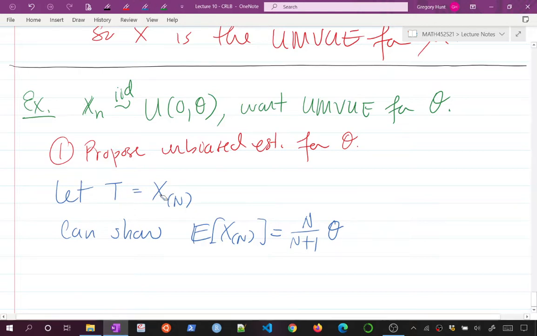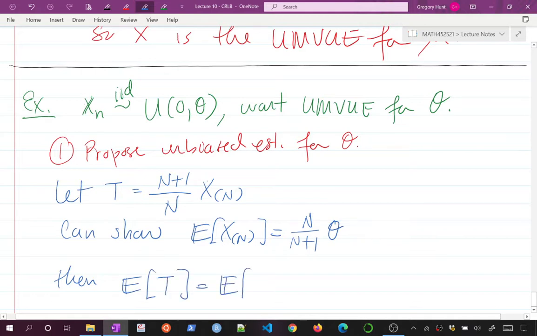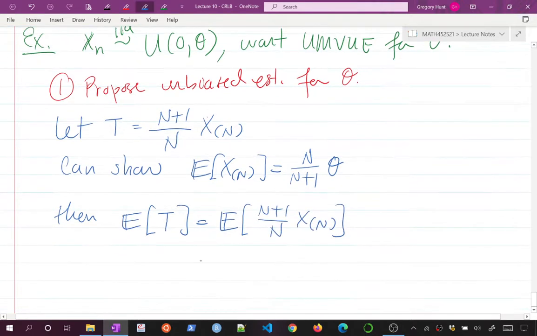So let's amend this and make it an unbiased estimator. If I instead let T be n plus 1 over n times the maximum, then T will be unbiased for theta, because this is n plus 1 over n times the expected value of my maximum.